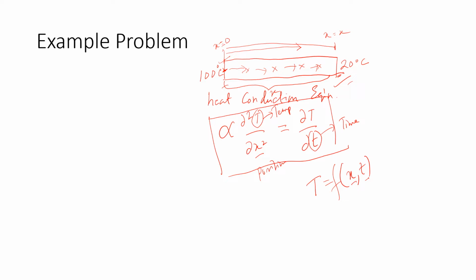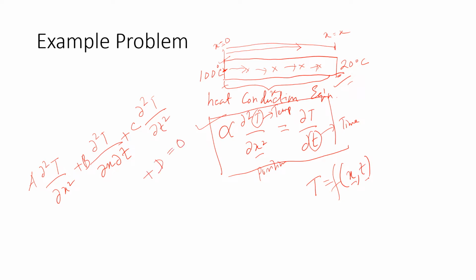Let us compare this equation with the standard second order partial differential equation: a del square T by del x square plus b del square T by del x del t plus c del square T by del t square plus d equals 0. This is the standard form of a second order partial differential equation.